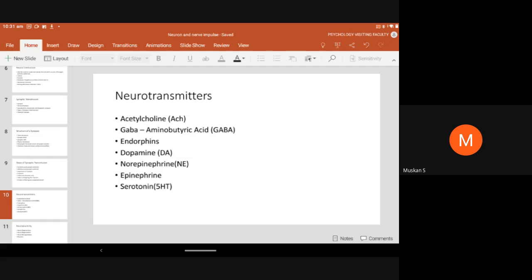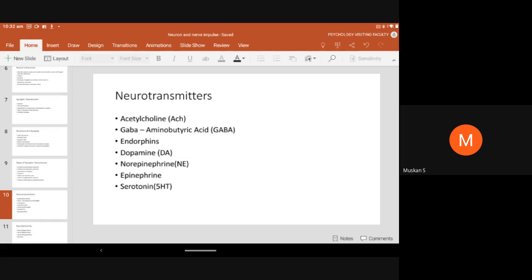Now this acetylcholine, it has some specific functions. So these are very important for your exam. So in your study material, you can find there is a chart that is table 2.1, and there it is given what are the neurotransmitters and what are the functions of these neurotransmitters.